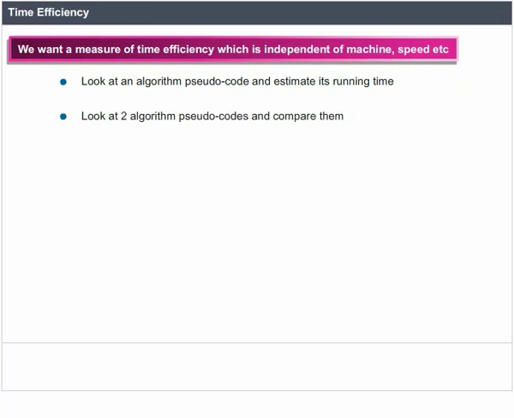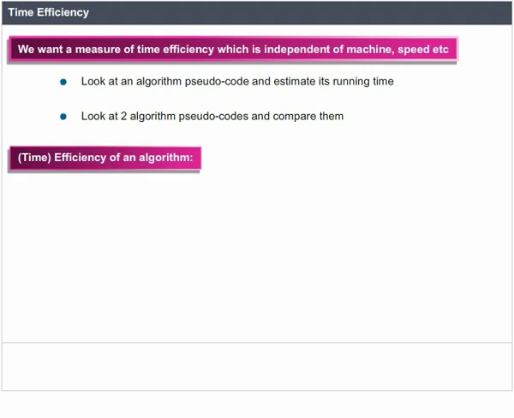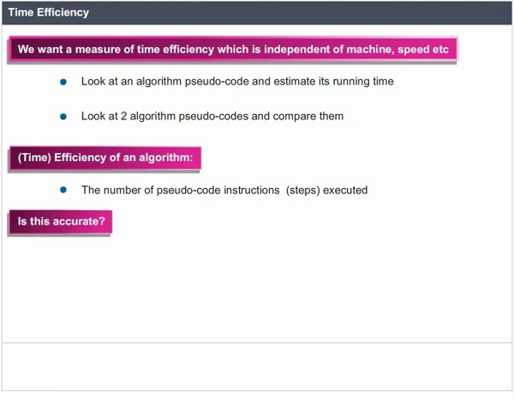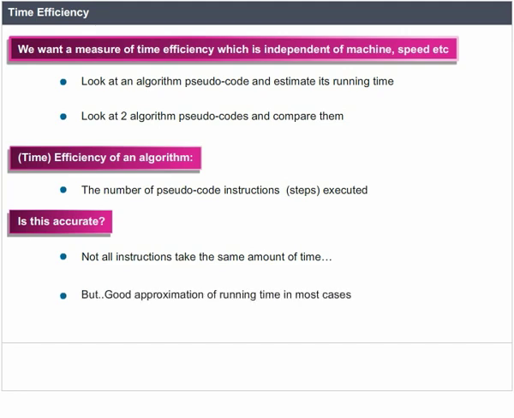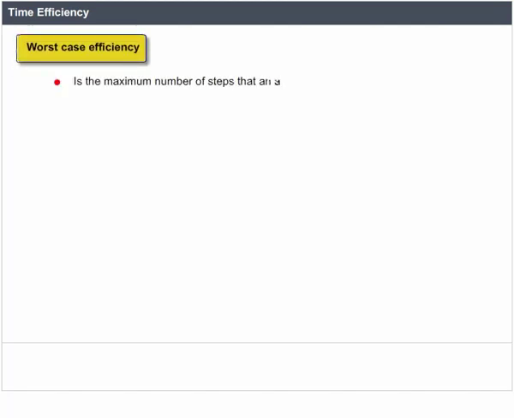Time efficiency of an algorithm is the number of pseudocode instruction steps executed. Is this accurate? Not all instructions take the same amount of time, but it is a good approximation of running time in most cases. Worst case efficiency is the maximum number of steps that an algorithm can take for any input data values.